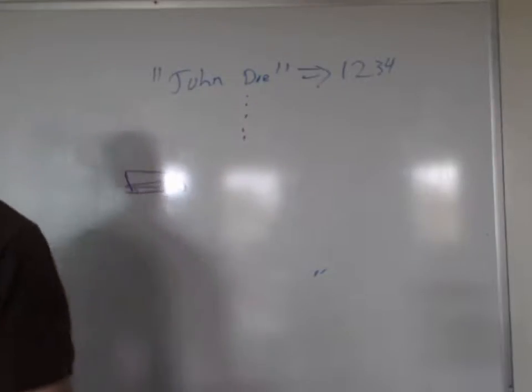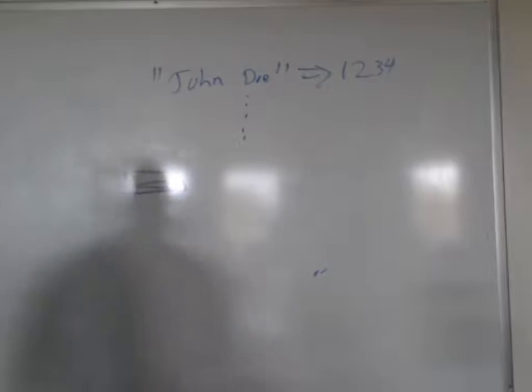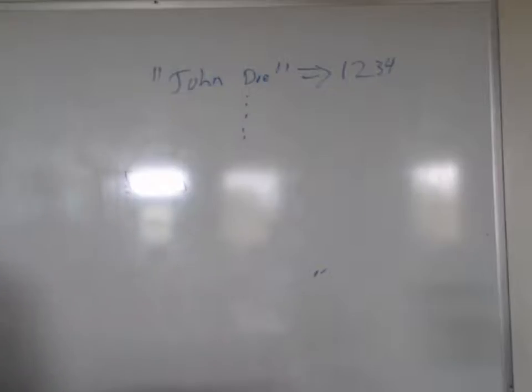Wait, so the 1, 2, 3, 4 is not actually what John Doe equals? That's what you're mapping it to. Okay. So you can map it to whatever you want. In this project, in general, you could, but for this project, we're only mapping strings to integers. That's it. Yes, any number, any integer.